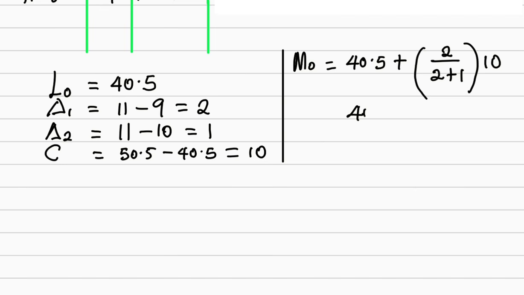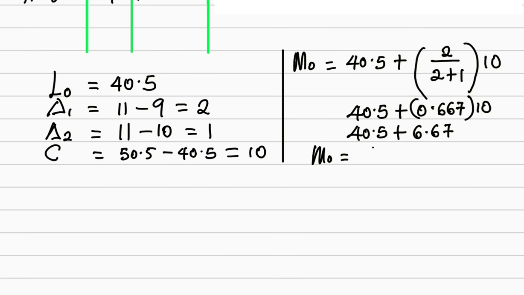And this is going to be 40.5 plus 0.667 times 10, which is 40.5 plus 6.67. By the time we do it, what we are going to have is MO equals 47.17. So approximately to one decimal place it is 47.2.